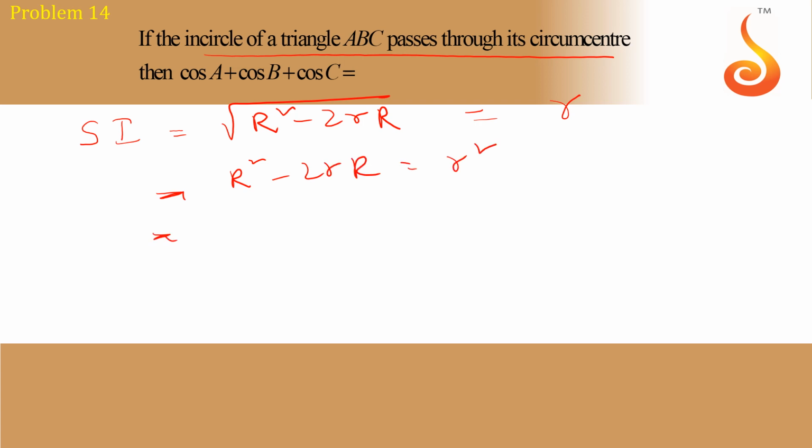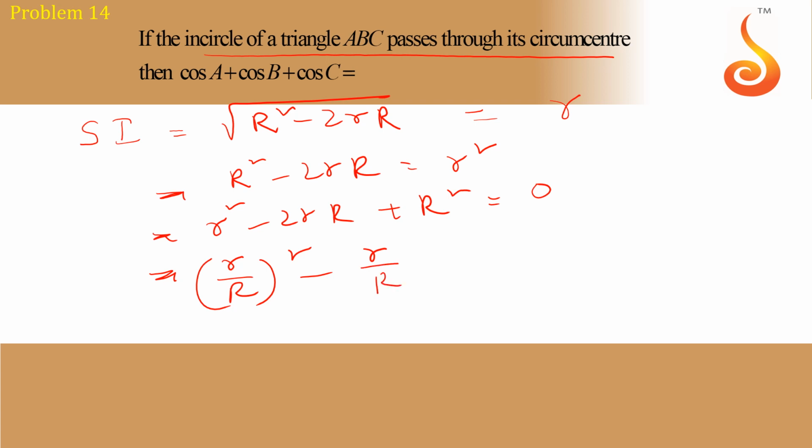So if I write this, R squared minus 2rR plus r squared equal to 0, divide with R squared, so (r/R) whole squared minus 2(r/R) plus 1 equal to 0, then r/R will be minus 1. Is it the correct simplification?